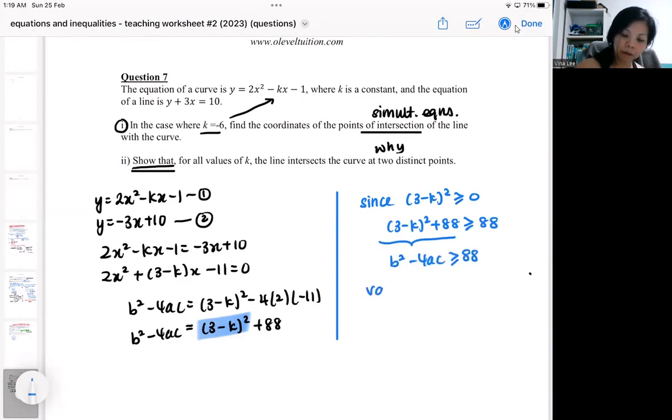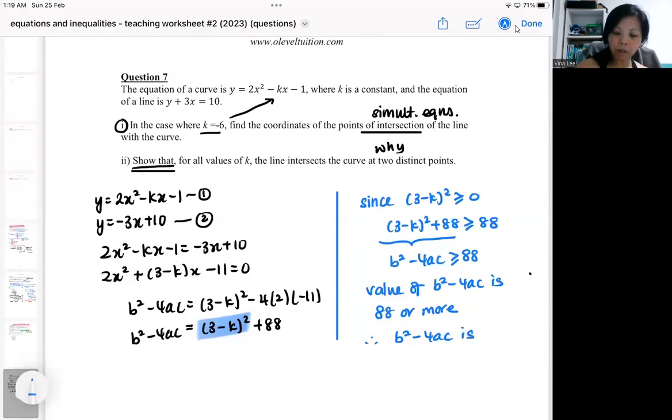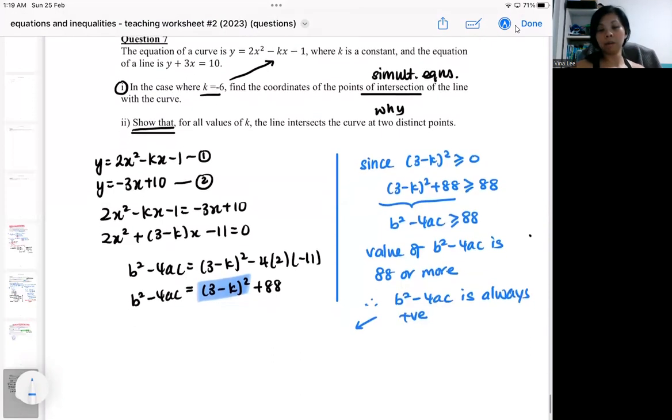That means the value of the discriminant is always 88 or more. So the discriminant ends up to be always positive. The implication of a discriminant that's always positive means there will always be two roots. Therefore, the line will intersect the curve at 2 points.